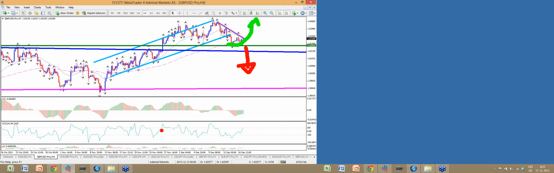Cliffhanger. Is it still an uptrend or is it in a downtrend? 160 to 60 is, in my opinion, very important. So here too, price at a very important level as well.